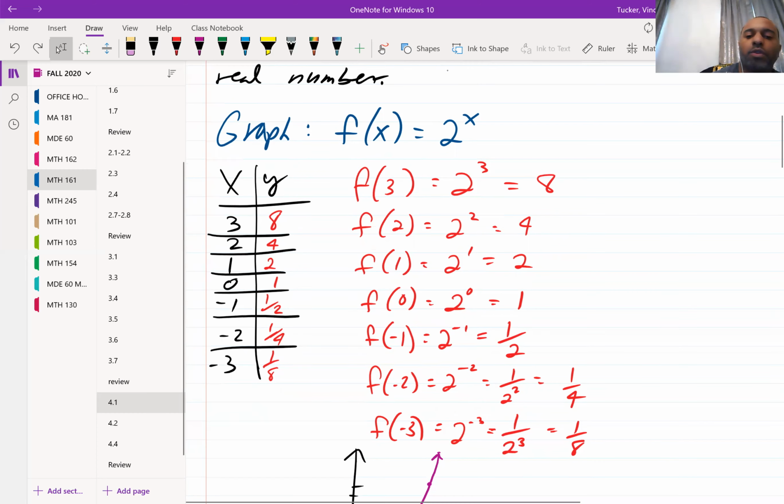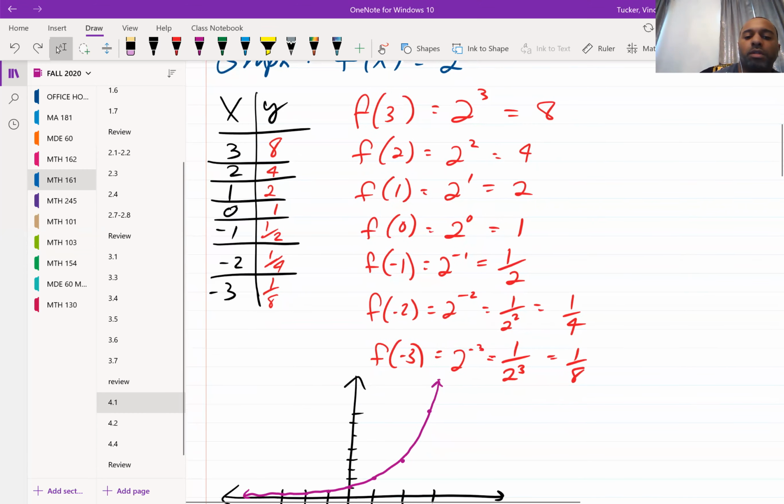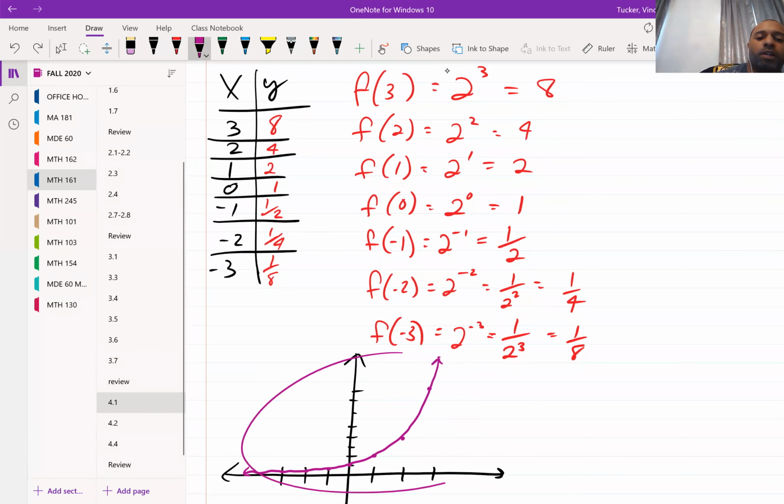All right, and then if you go to graph, it will look like this down here. As you go to the right, it continues to grow very quickly, 2 to the fourth power being 16 and so on. And that's what it means for something to grow exponentially.